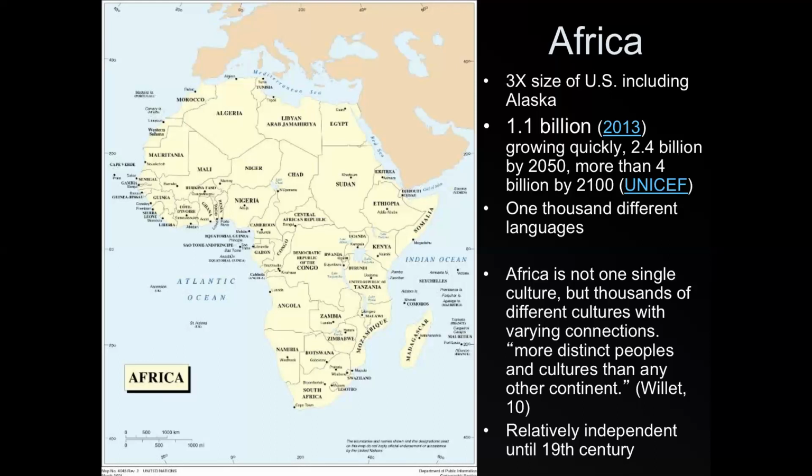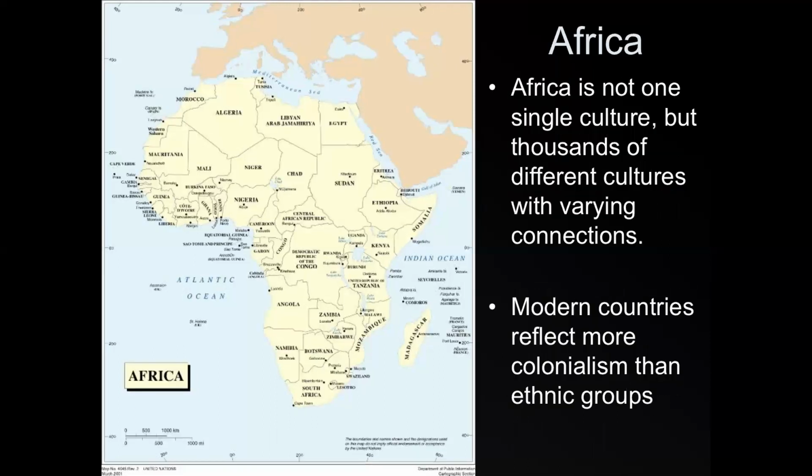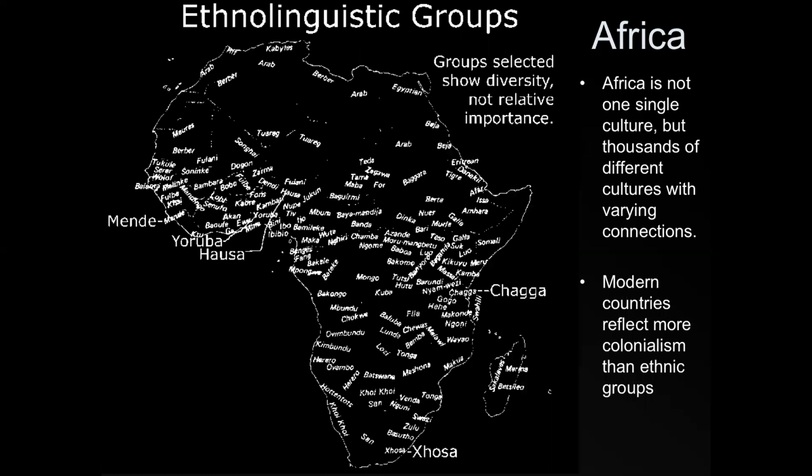So Africa, all of the places that you're looking at on the map were relatively independent until the 19th century. And the modern countries, as I said before, reflect more colonialism than ethnic groups. So if you look at this map, you can see, and this doesn't include all of the ethnic groups, but a lot of the major ones, including ones we're going to talk about, like the Mende and the Yoruba.